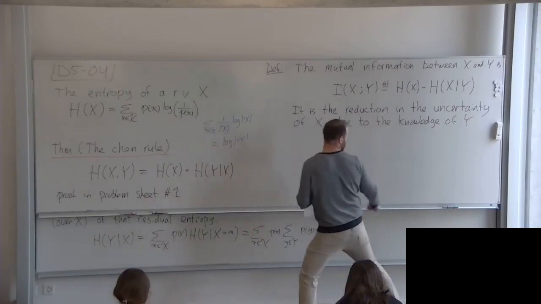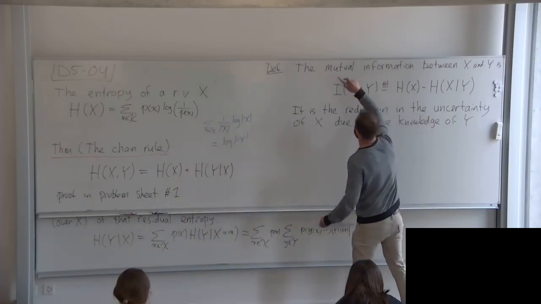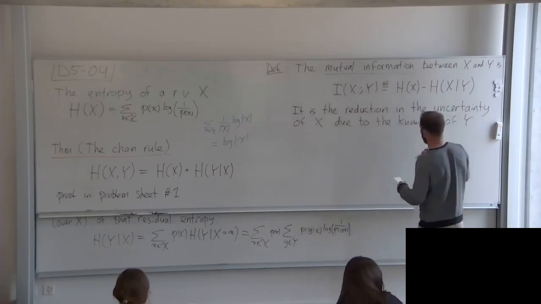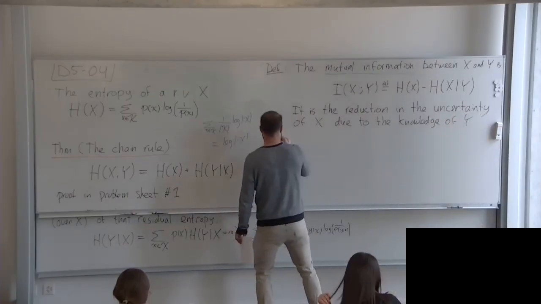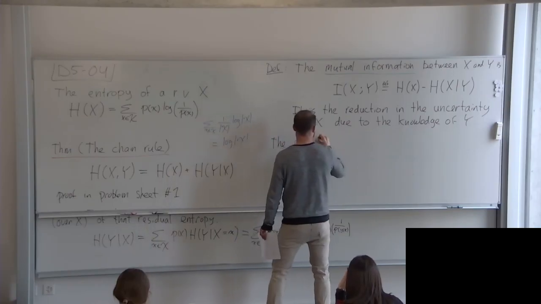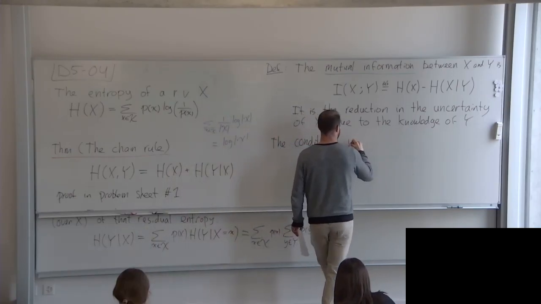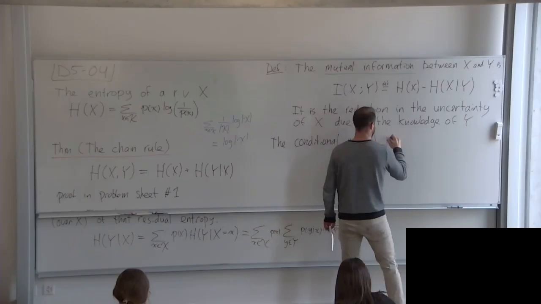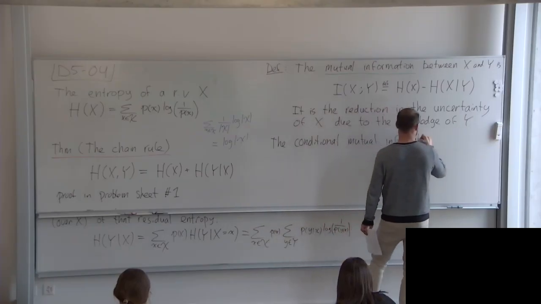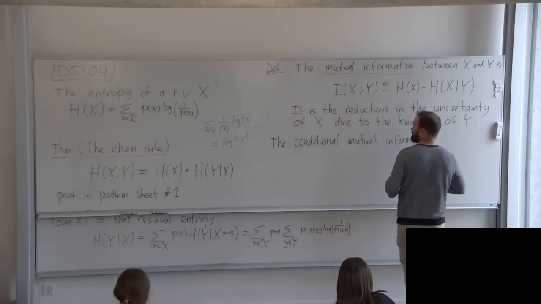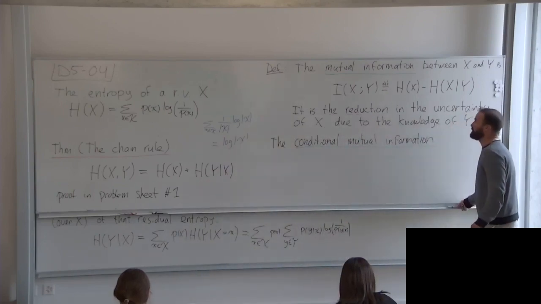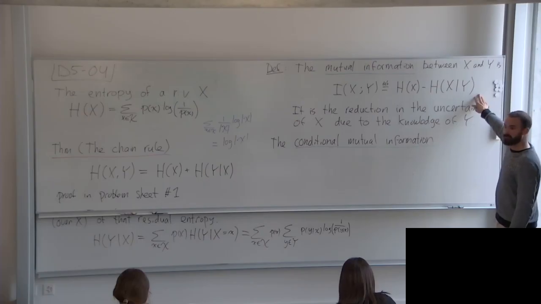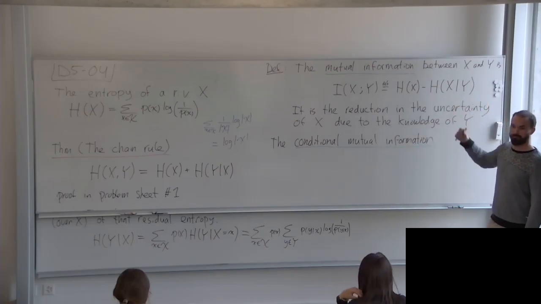So that was the mutual information, and I'll go a bit more quickly. It's quite straightforward from there, but there's the conditional mutual information, which is exactly that, but for example, you also have as background knowledge a variable z.